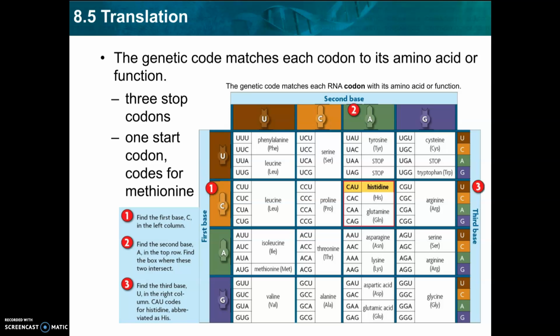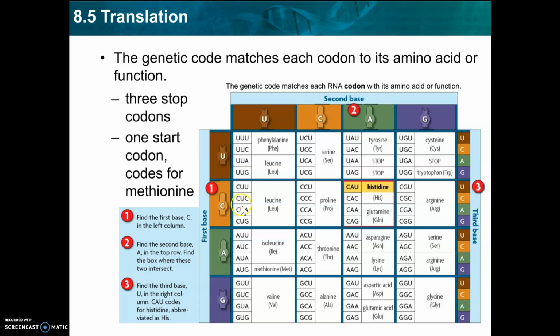Now, this looks daunting, but we are going to go over and break it down, so it's not that hard. So step number 1 down here. If we had the codon C, A, and U, first we would look for C in the left column. We find it where the red number 1 is.